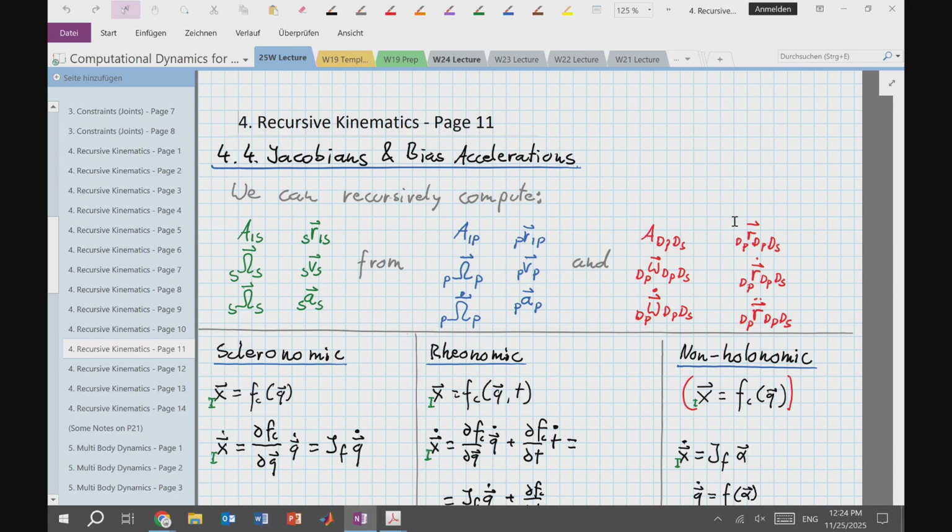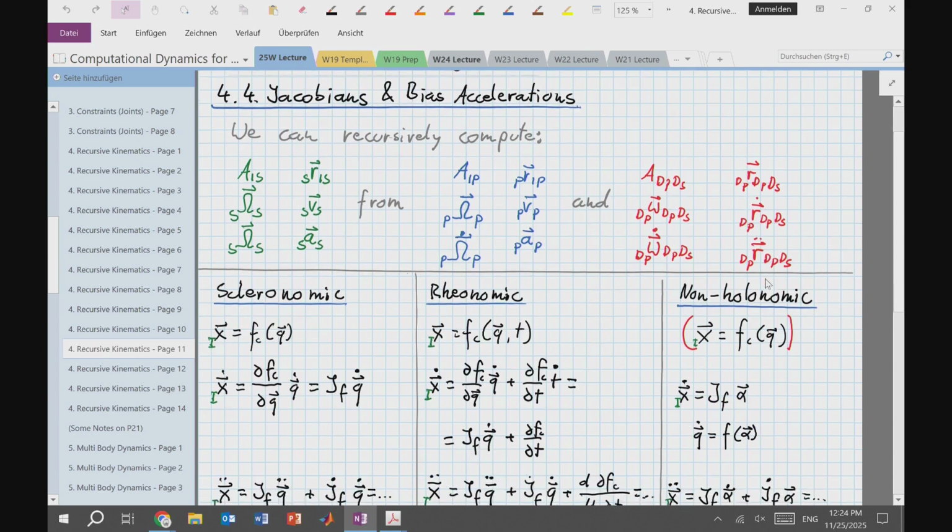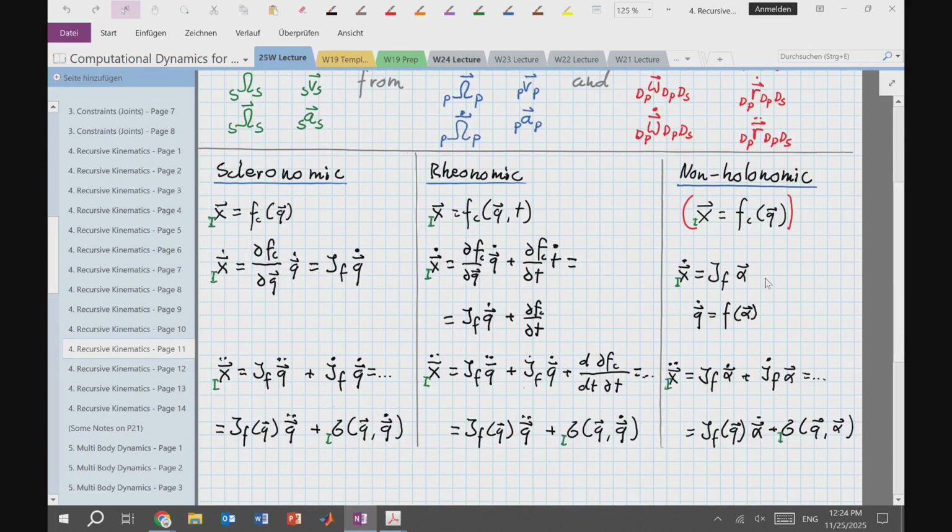So local. We're not talking about physical velocities across the joint. We can't compute those because they depend on what the predecessor body is doing. But we know the numerical change within the joint. And with this, we now can go ahead and express positions, velocities, and orientations.